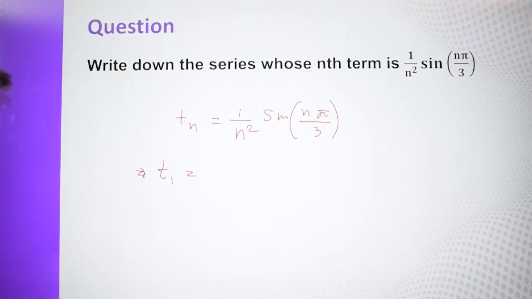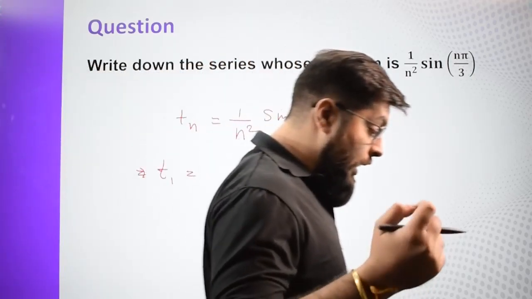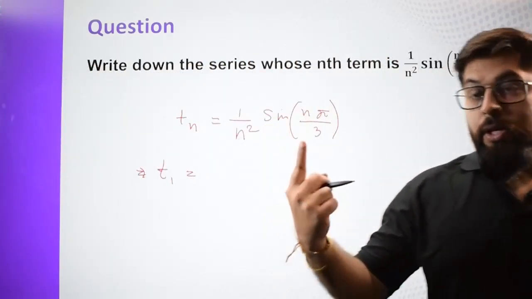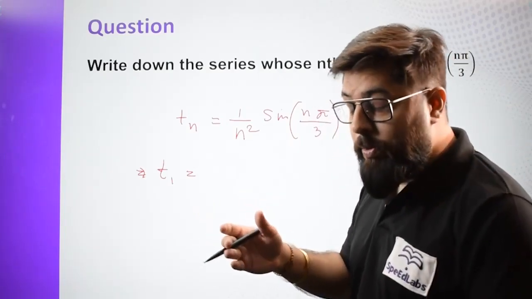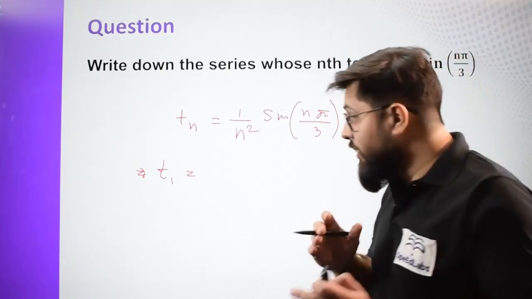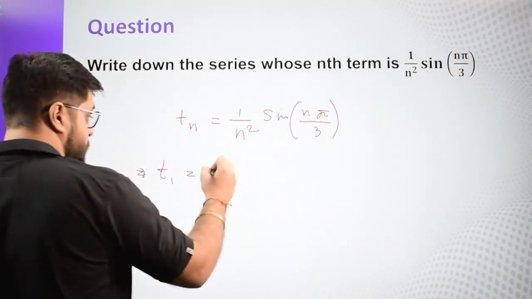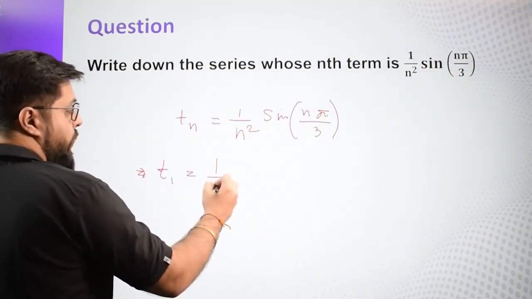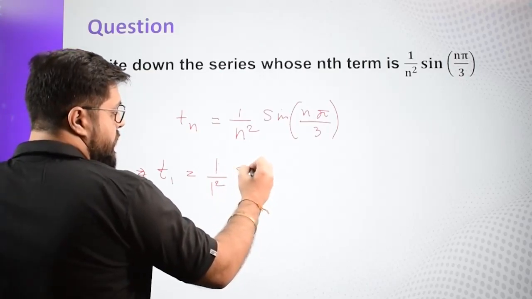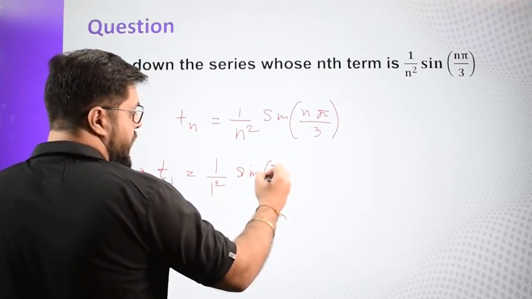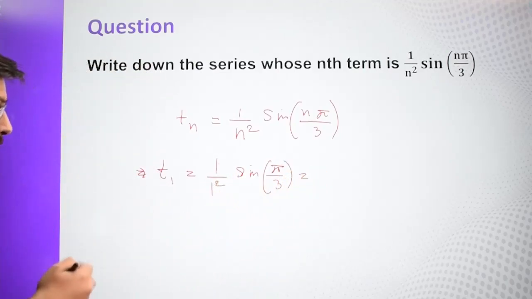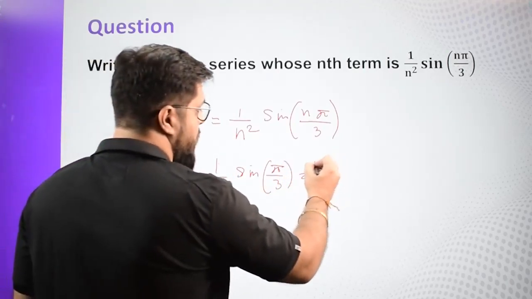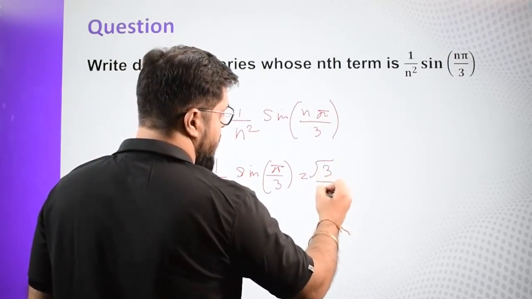In place of n, we are going to put 1. When we put n equals to 1, we will get the first term. So that is 1 upon 1 square sine pi by 3. 1 upon 1 square will be 1, and sine pi by 3, we know its value is root 3 by 2.